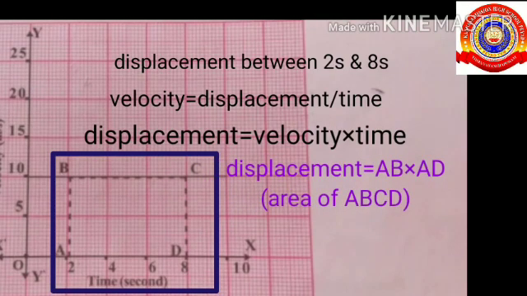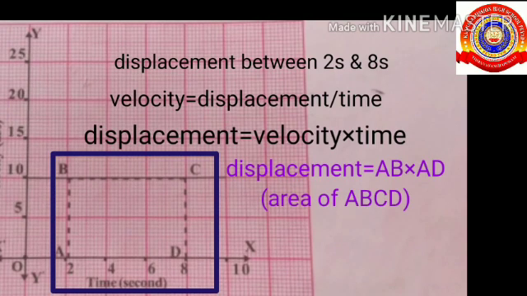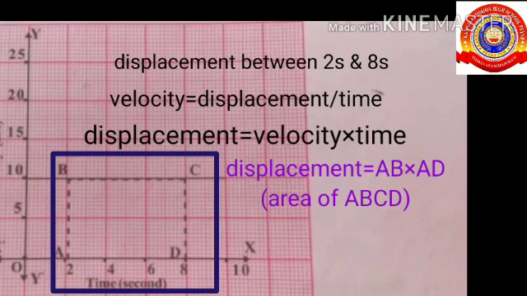AB into AD is the area of ABCD. This is equal to the area of the portion under the part BC of the graph.